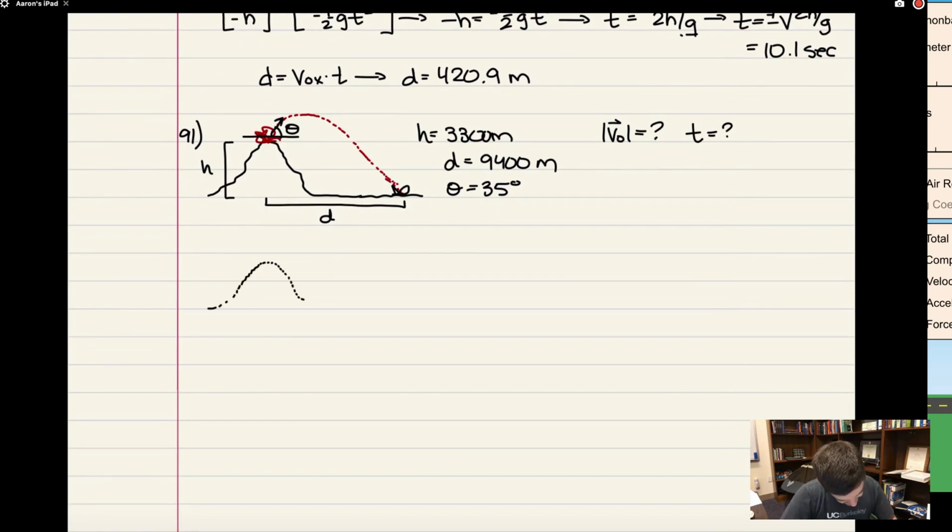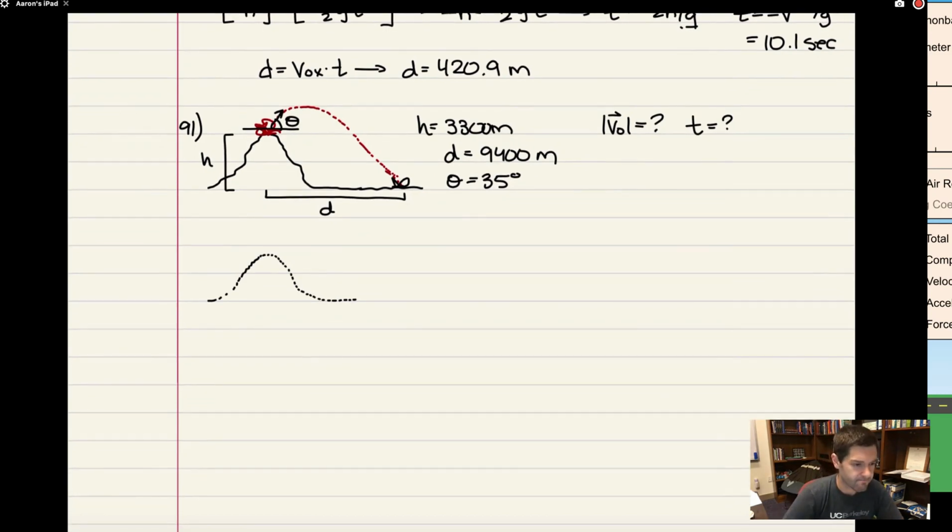If this is the volcano, I'm actually going to put the origin at neither the start or the end. I'll put the origin here, so it's directly below where the thing is launched, and it's at the same height as where the object lands. So it comes out, kind of falls like that.